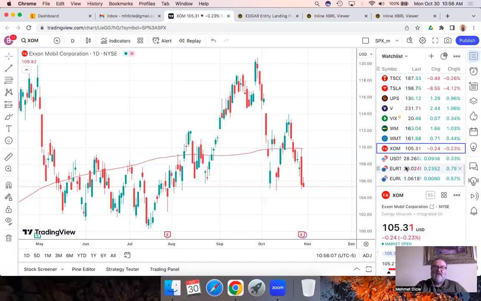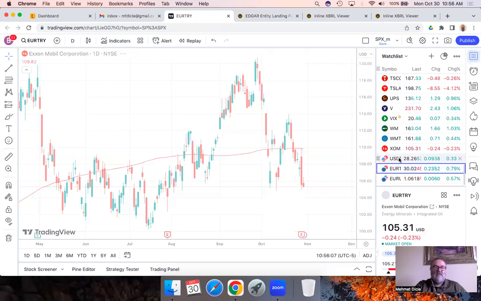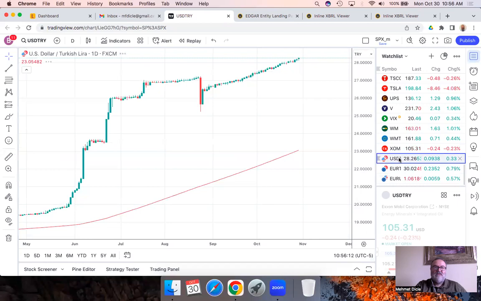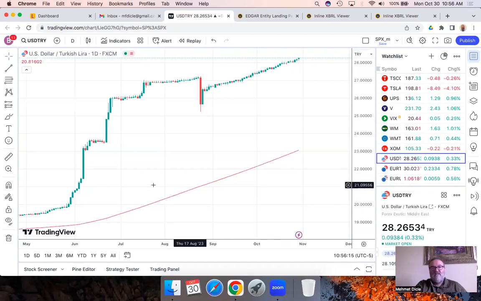If you look at, say, the US dollar Turkish lira exchange rate, compared to June of just this year, just a few months ago, the exchange rate was 20, and now it's 28. So that's about a 40% change in the local currency being devalued.